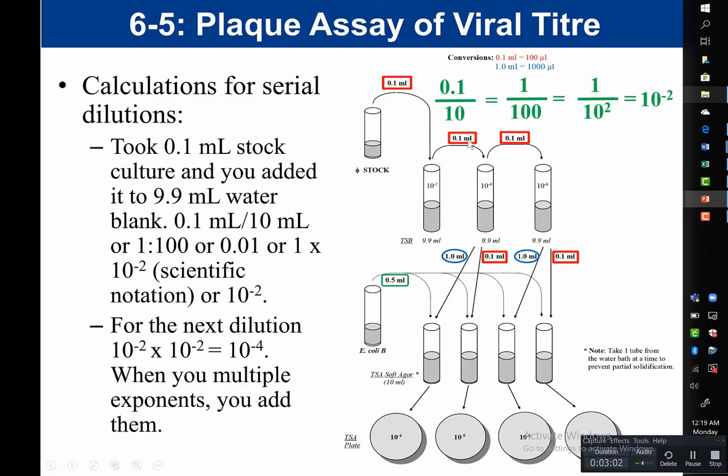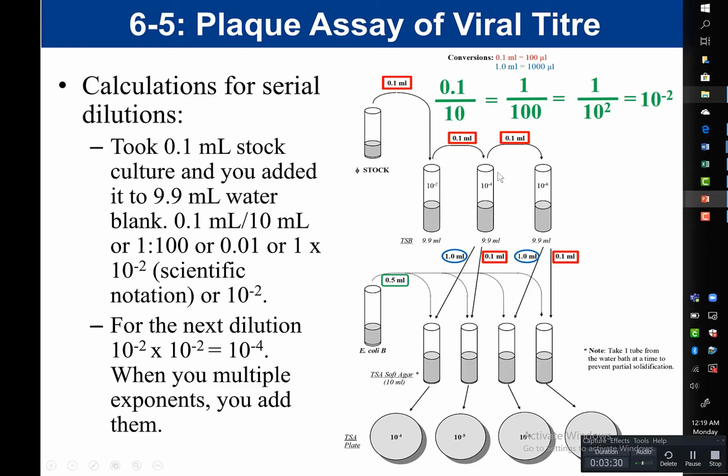Now, we're going to take 0.1 milliliters of this and transfer again into 9.9 milliliters of the tryptic soy broth. So we're starting with 10 to the negative 2. Remember this is our dilution factor, the amount we're diluting each time. Our dilution factor here is still 10 to the negative 2, so we just add our exponents. 10 to the negative 2, 10 to the negative 2.